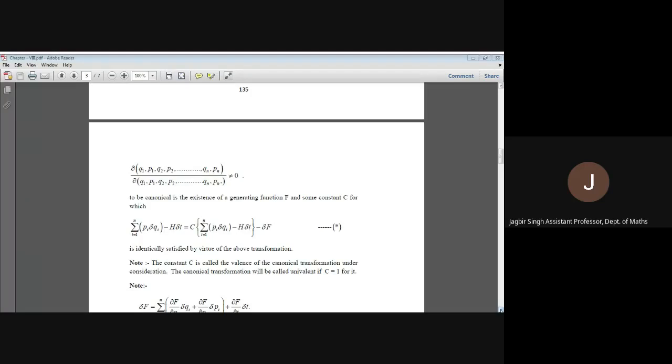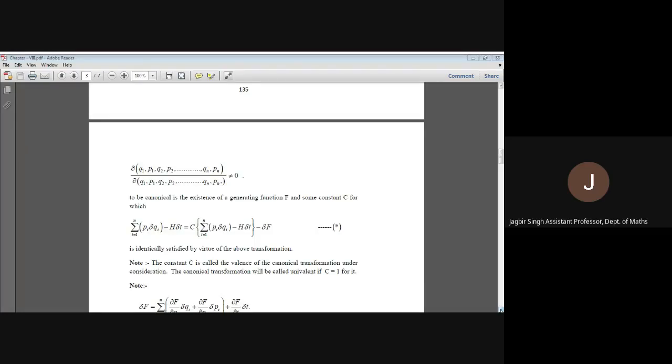On the left hand side it is p̃i δq̃i minus H̃ δt, which should be equal to c into summation i from 1 to n of pi δqi minus H δt, and minus δF. So this is the relation between old and new variables.